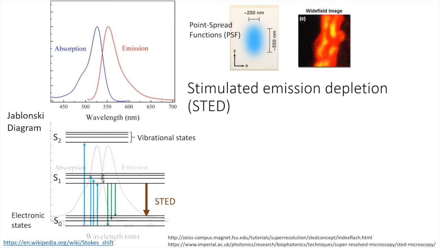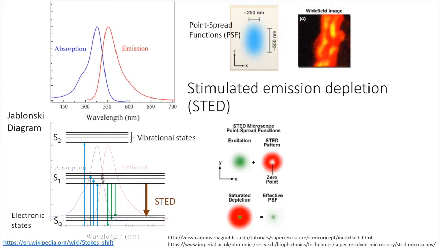But if you use stimulated emission depletion, this is a second laser which can force your excited states back to ground states. So it can deplete your fluorescence by using this second laser. In this case, scientists engineered the point spread function by using this donut shape of STED beam.